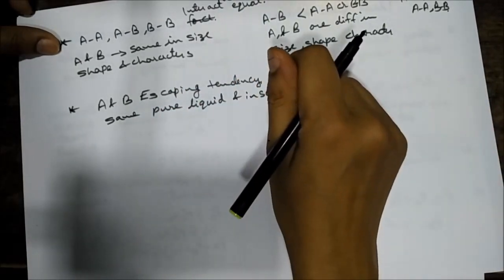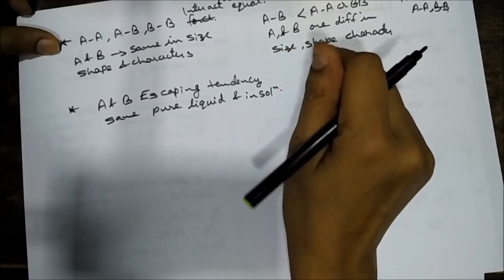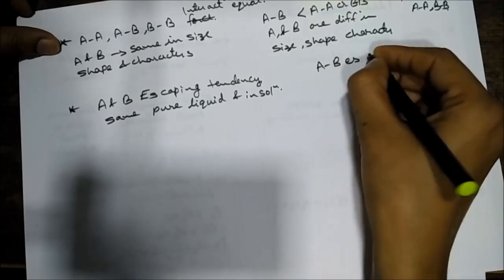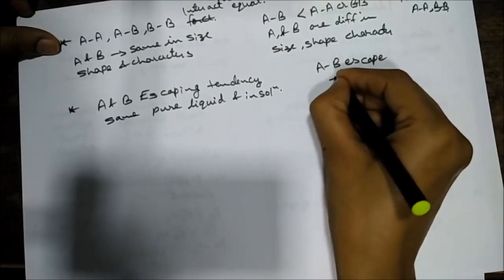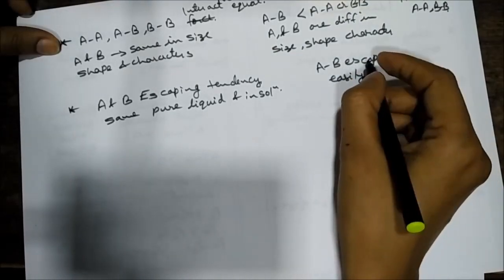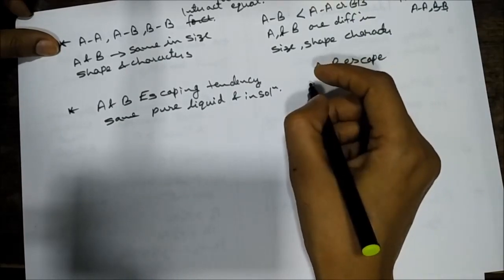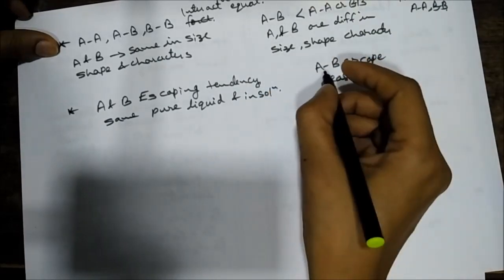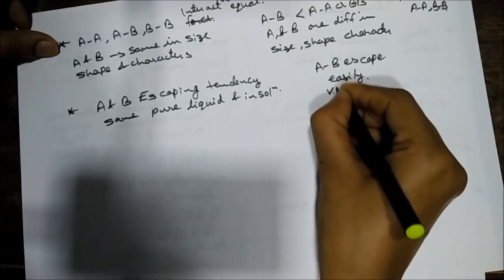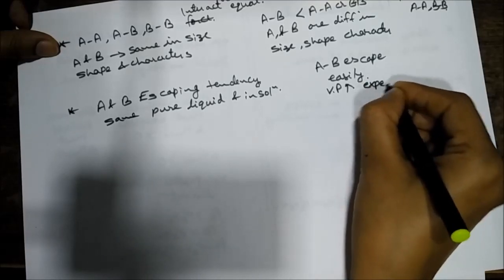But in positive deviation, A and B escape easily, means their escaping tendency is higher, and vapor pressure is high as compared to the expected value.